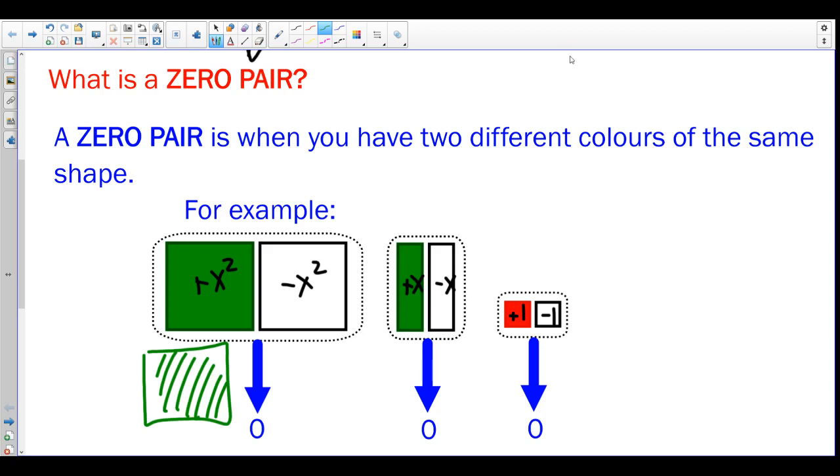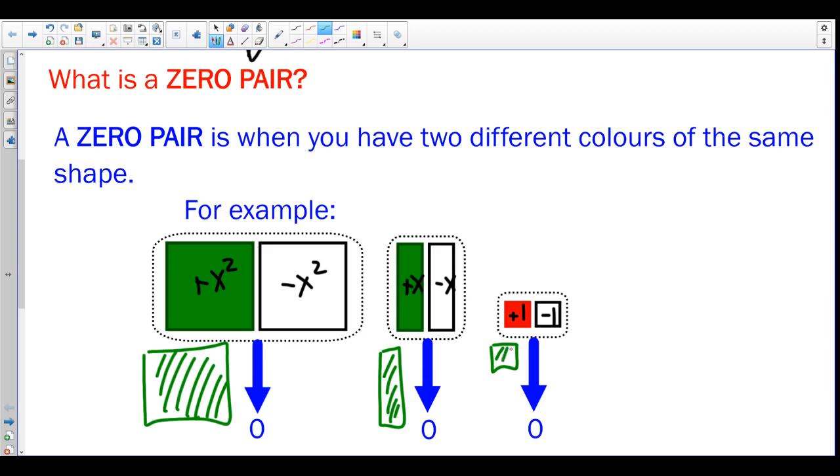Then we're going to look at what we do when we have a positive rectangle. A positive rectangle looks like this, and we're just going to shade it in. We're going to shade in our positive algebra tiles. The same is true when we have a red square, which is a positive 1.